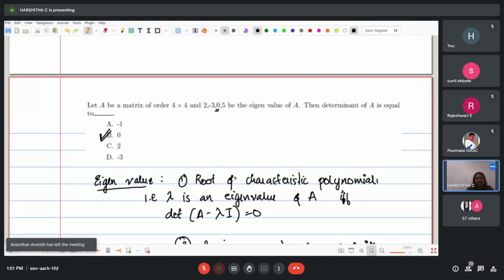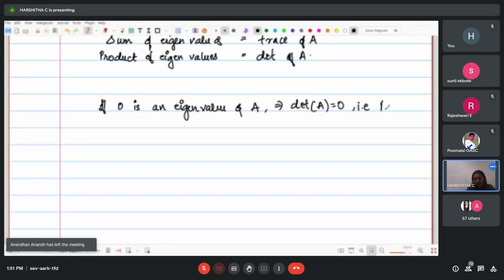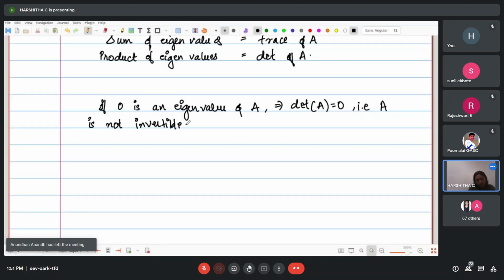This also leads us to the observation that if 0 is an eigenvalue of A, the determinant of A is 0, which is the same as saying that the matrix A is not invertible. 0 is an eigenvalue of A if and only if the matrix is not invertible.